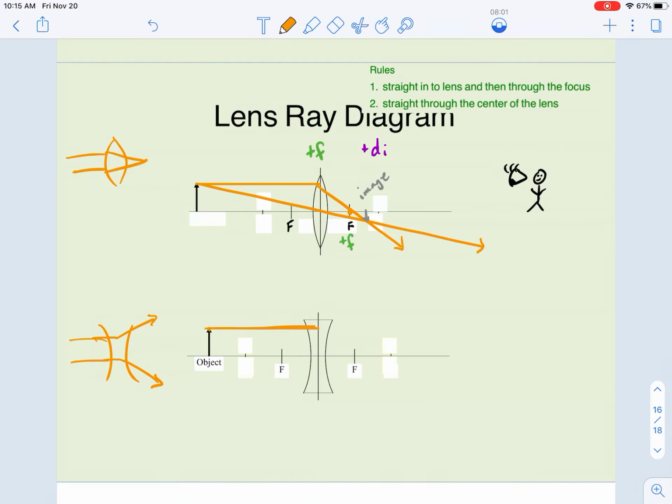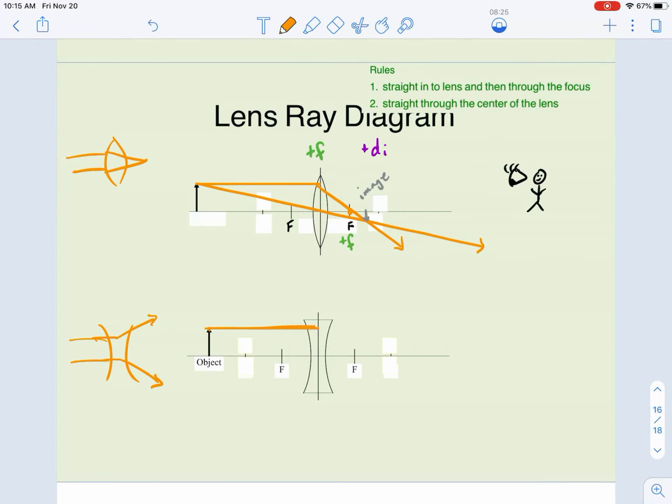And then from here, we need to once again determine which focus is the correct focal point. If I have it go through the focus on the right-hand side, if I choose to use the positive focus, then that's going to cause my light to bend. And so when I do my second beam, it will have converged, right? If I do my bottom beam, it will converge into that same location.